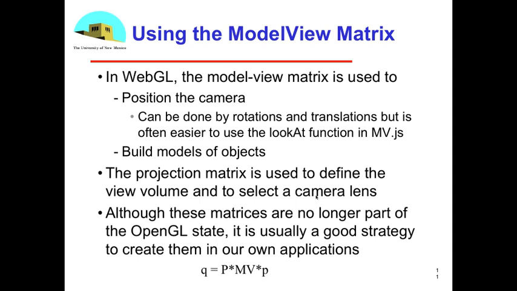The projection matrix, which we'll get to in a week or so, is used to define the view volume and equivalently to select a camera lens, to say where is your camera pointing to, and how much of the world is it really going to see. So that's also going to use the same functionality, but we'll also give you a couple extra functions in MVJS.